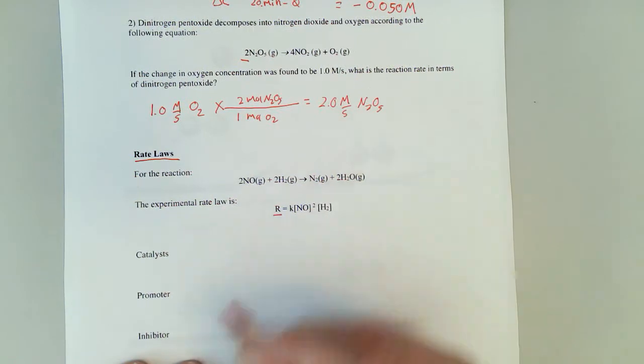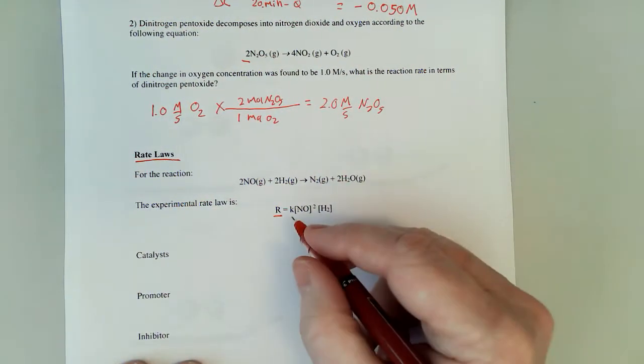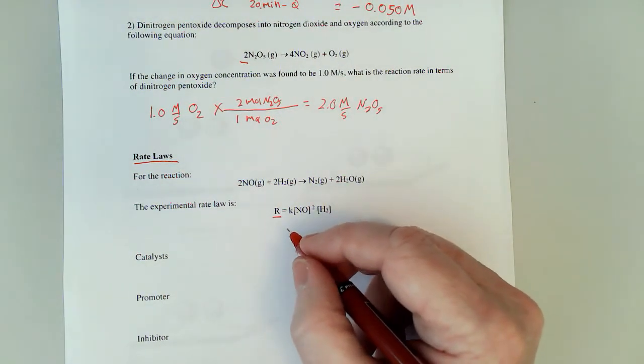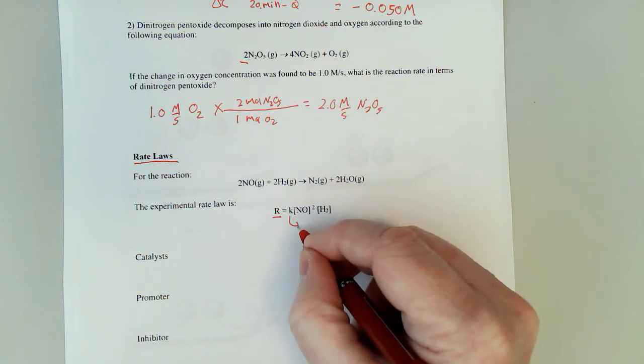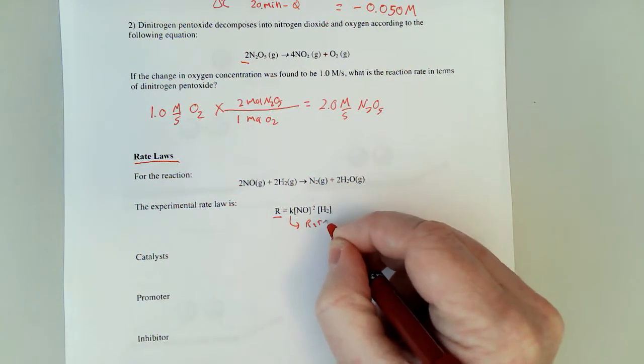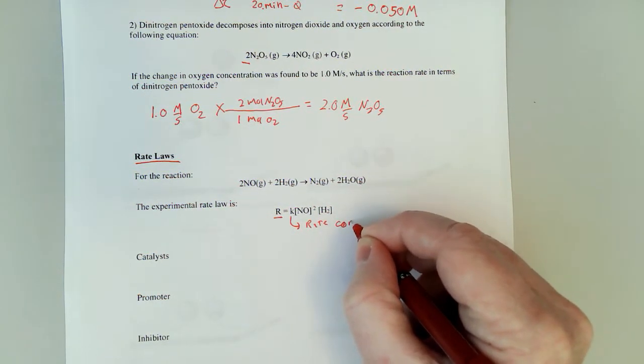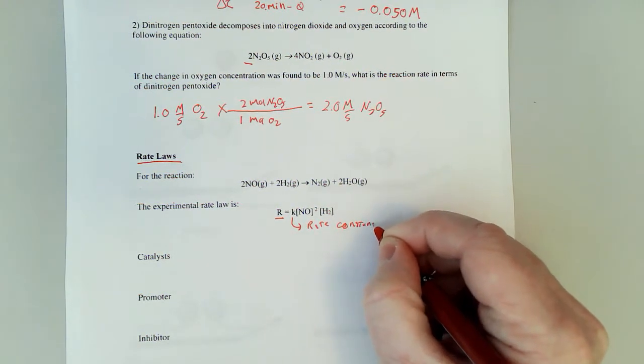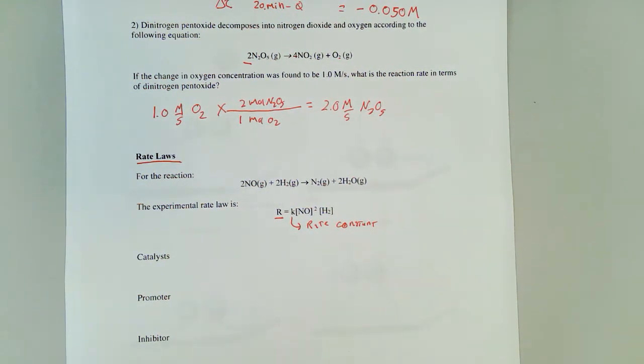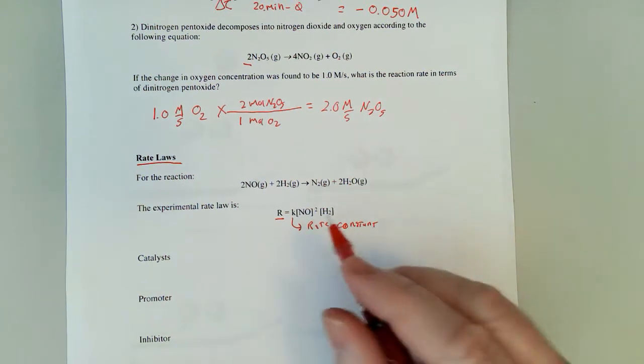So R is the rate. Okay, K is called the rate constant. And that's a proportionality constant between the rate and the concentrations of the species.